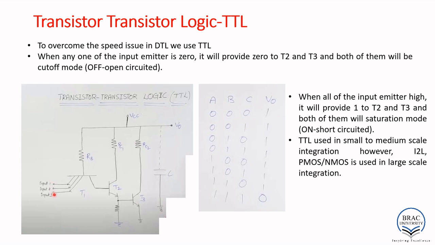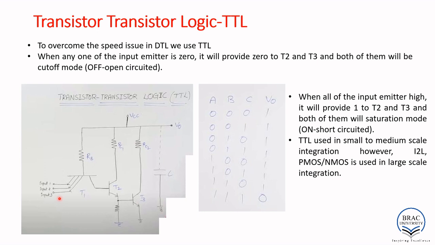So when any of the input emitters is 0, that means if any or all of them are 0, what will happen? We need to determine.